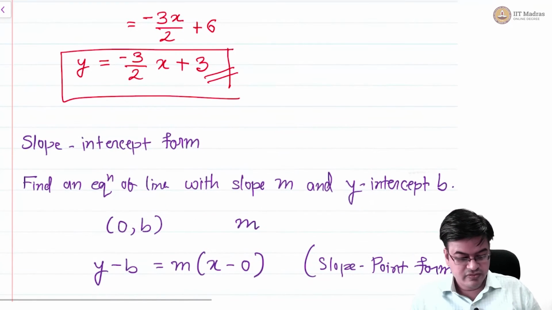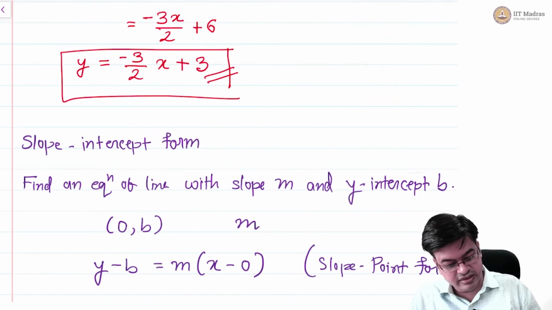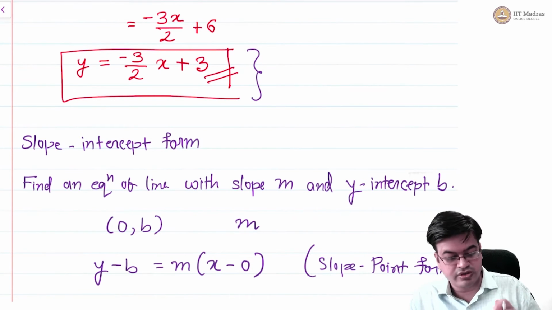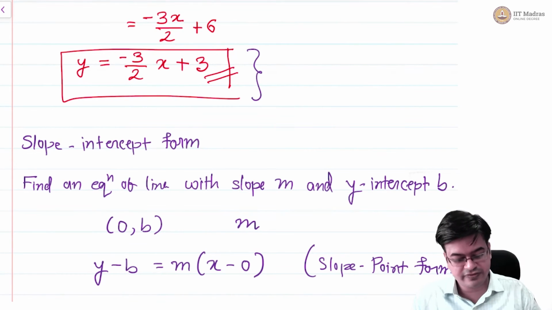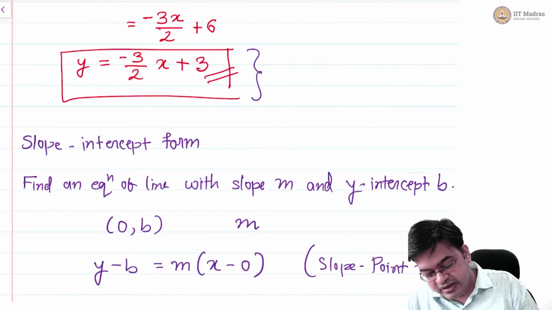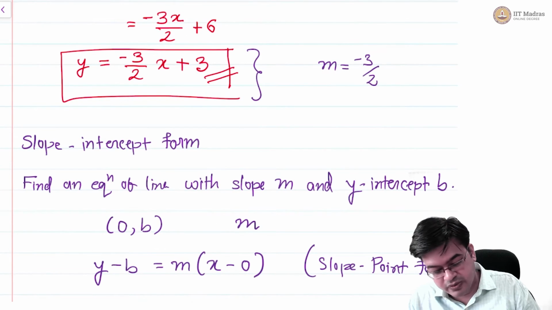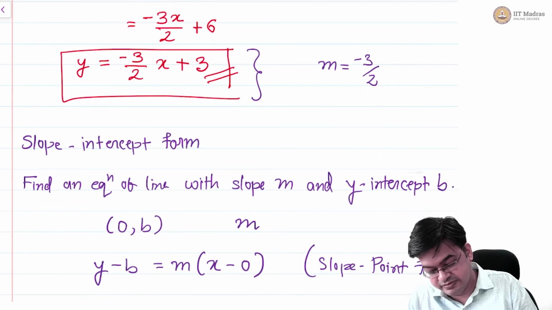Interestingly, the expression that you have written earlier is also in slope-intercept form, and you have been given two interesting facets of information. One, the slope is minus 3 by 2 and the y-intercept is 3. So it is 0 comma 3.